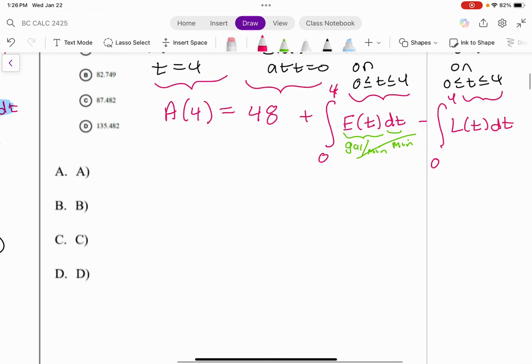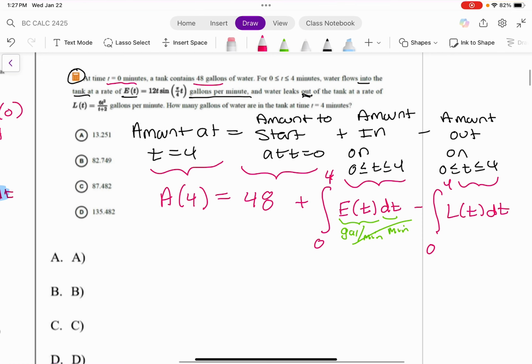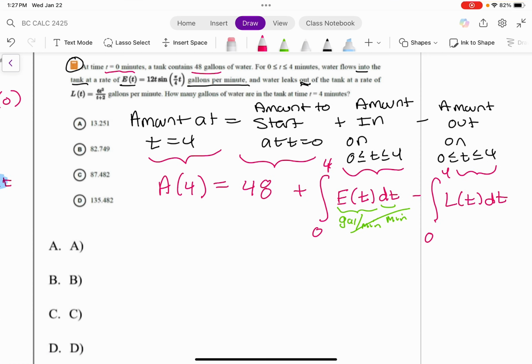Okay, so we just need to take out our calculators and evaluate these two integrals. Just note, by a property of integrals, and some people think of it like this, and it's equally valid, you could also write this. And this is a subtle but important point.